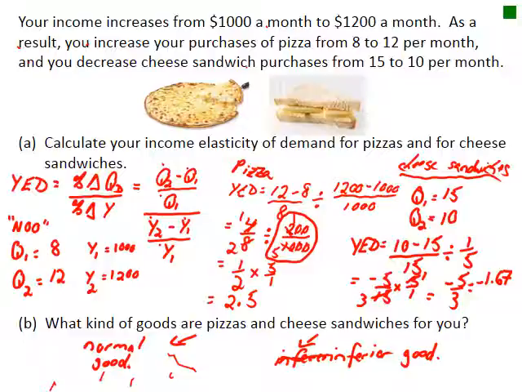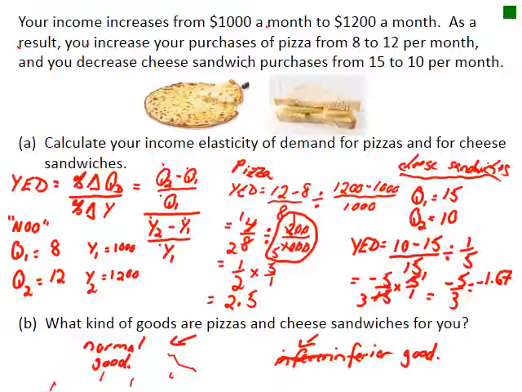So let's first of all look at the formula that we've been presented. Income elasticity of demand equals percentage change in quantity demanded over percentage change in income. Remember, income is represented by a Y. So we'll have the case of, remember the animal that made the sound new?